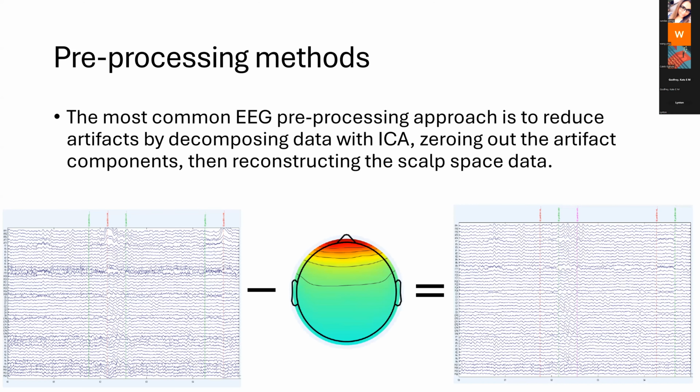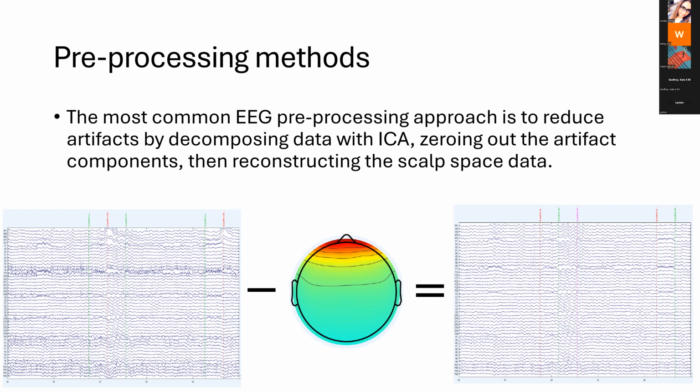So to get to the pre-processing, the most common method in the past probably 2 decades to clean the EEG data of artifacts, specifically focusing on reducing the blink and the muscle activity, so that specific step that Arnaud was speaking about, is to decompose the data into statistically independent components with independent component analysis.